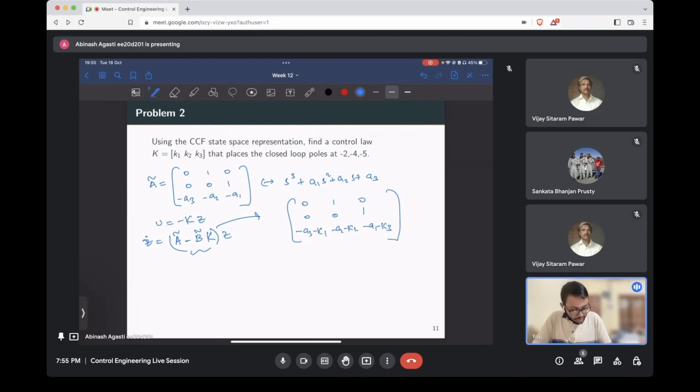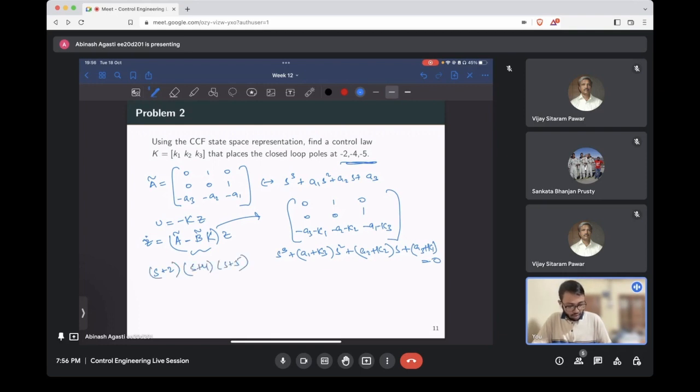So the eigenvalue equation will be equal to 0, right? Now we want the poles to be here, so the desired polynomial that we want is this.